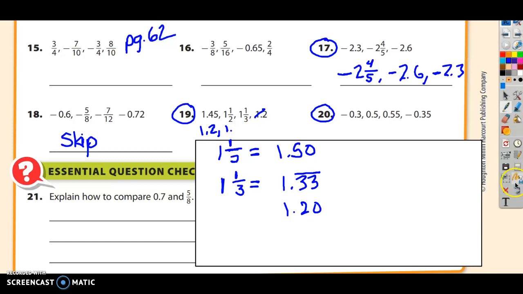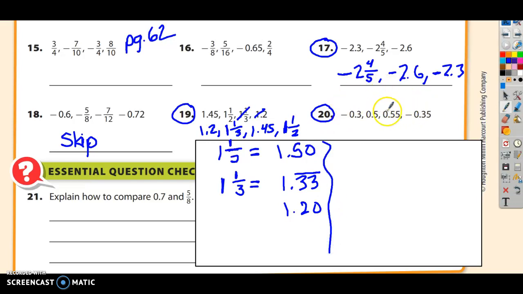Except we're not going to write it as 1.33, we're going to write 1 1/3. And then the next one I had 1.45. The last one's 1.5. A little messy, sorry about that. So let's check out number 20.